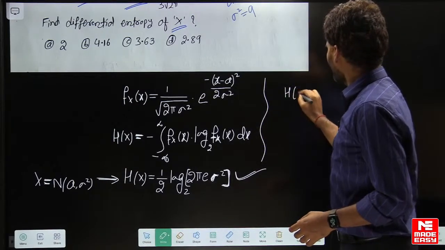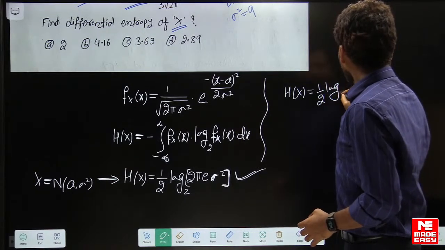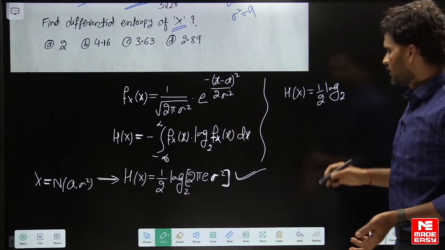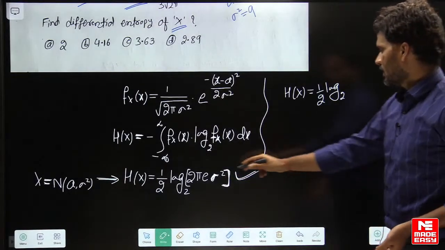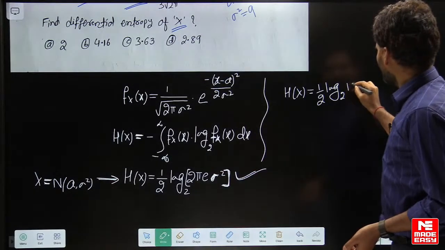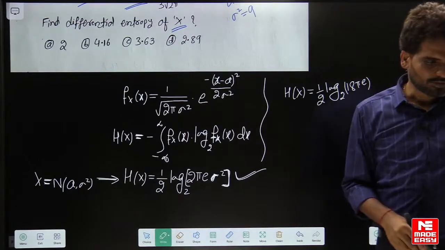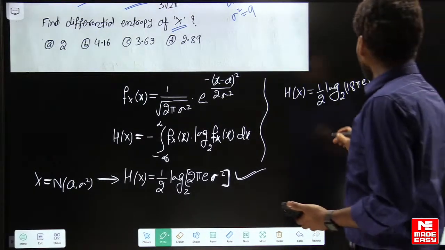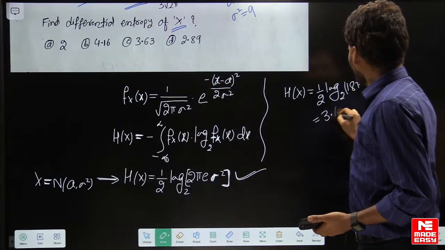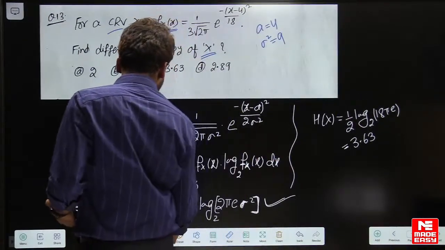Then H(X) will be equal to half log base 2 of 2 pi e sigma square, and substituting sigma square as 9, this is half log base 2 of 18 pi e. You will get 3.63. So here option C is going to be correct.